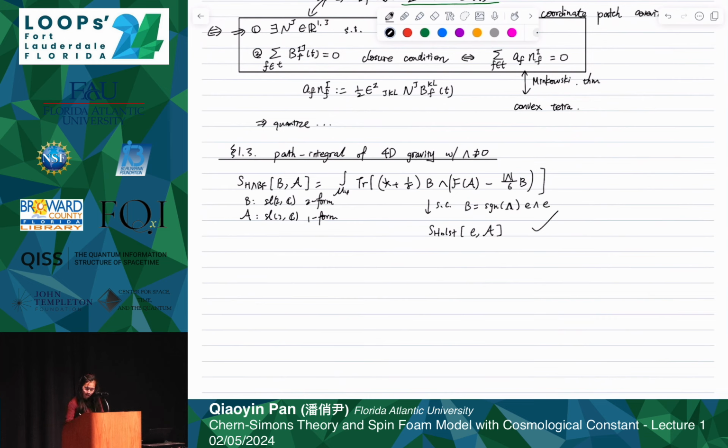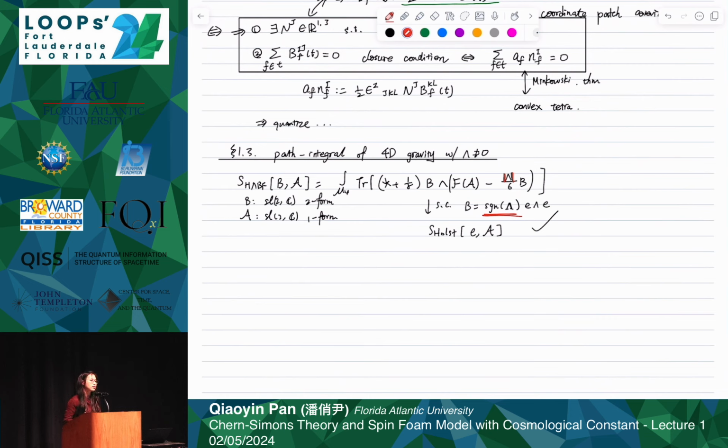And you notice that I've put an absolute value in this action. In some literature, they don't put this absolute value. But we put it here on purpose. Then the simplicity constraint has a sign here. Why do we put it on purpose? Because the BF theory is a topological theory. And as in EPRL, we would do the quantization, discretization, and a lot of stuff.